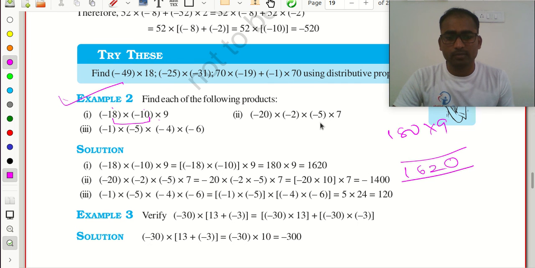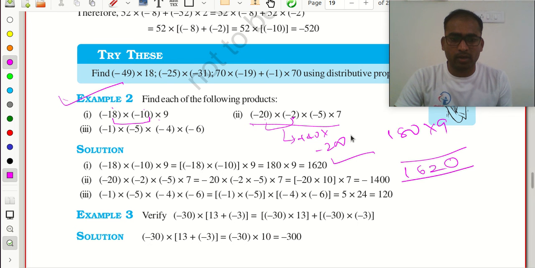How much will I get here? Okay, this is the answer. Like this you need to multiply here. See, simple. Minus 20 into 2, how much? Plus 40. Plus 40 into minus 5. So minus 200 into 7.